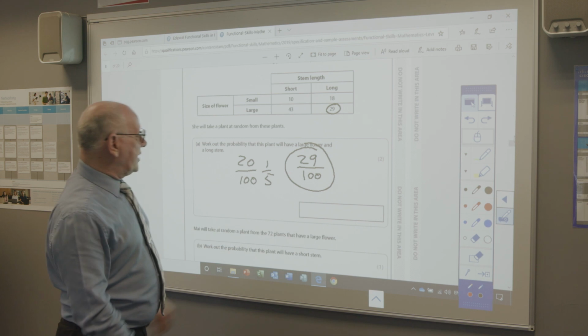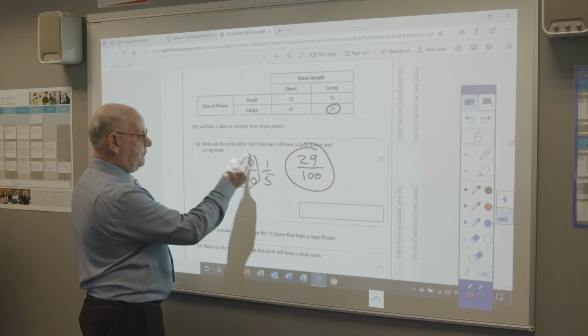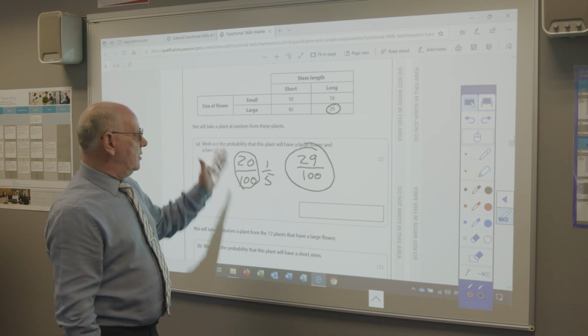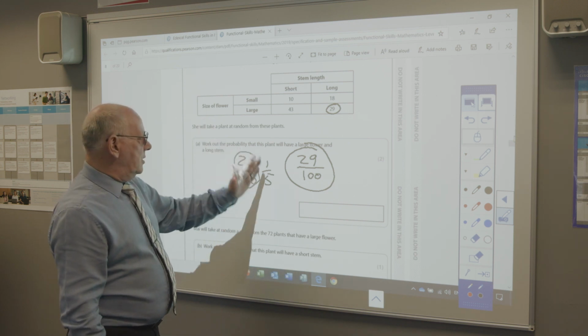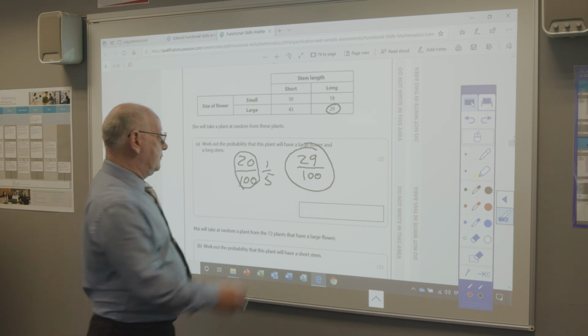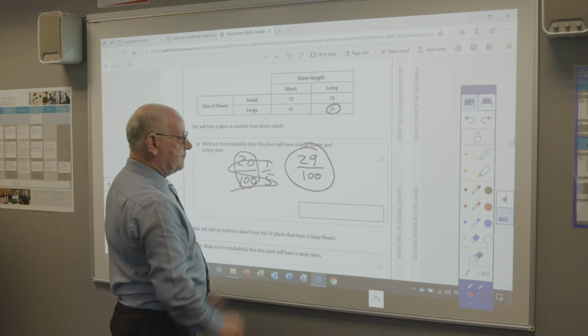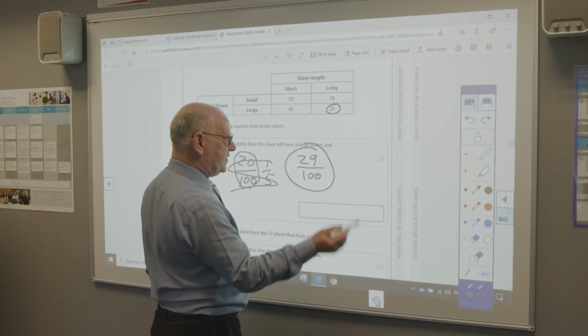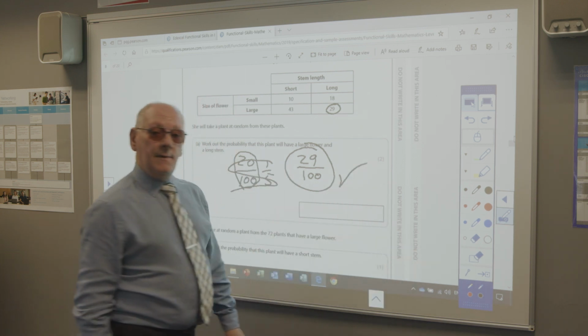At level 1, you'll get away with that probably. But this is a level 2 question. They would expect you, if you can, to cancel it down. Problem is, you can't cancel that down. So it stays. That's the answer. Simple.